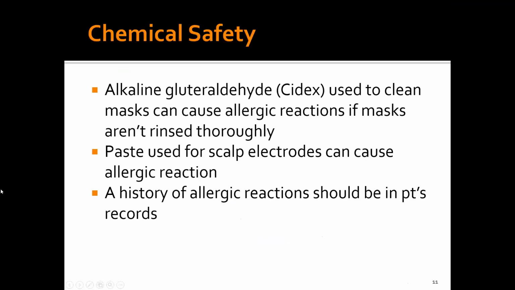Sidex, which is what we can use to clean the masks. We can reuse CPAP masks and tubing, but they have to be properly cleaned, and that's with alkaline glutaraldehyde or Sidex. It can cause allergic reactions if the masks aren't rinsed thoroughly.